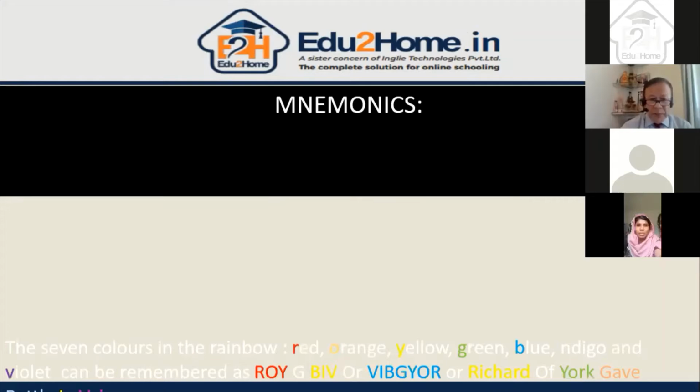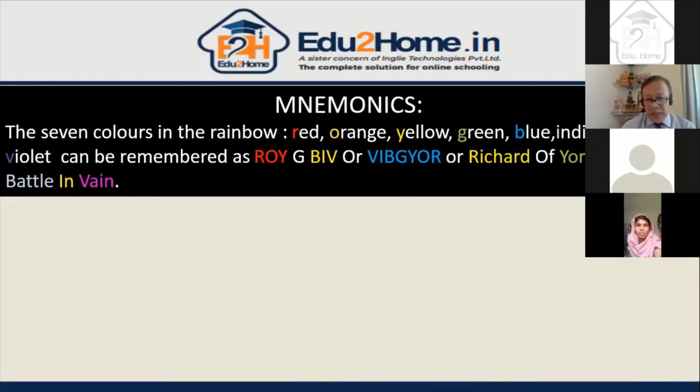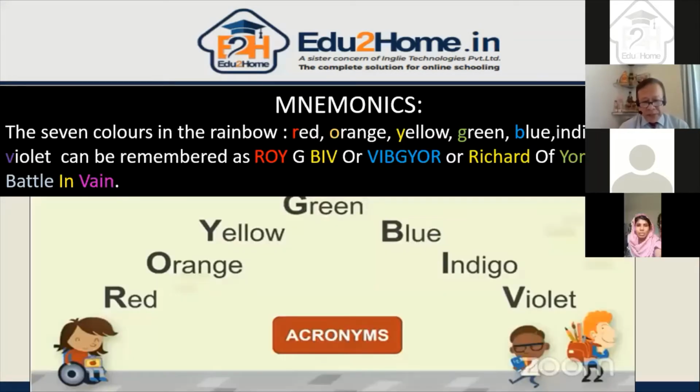For example, since I teach physics, we can remember the rainbow, the 7 colors, in 2-3 ways. We have to teach the technique; it's up to the students how they take it. It can be remembered as VIBGYOR.